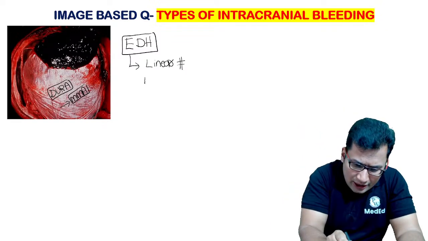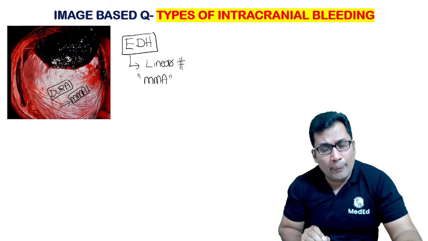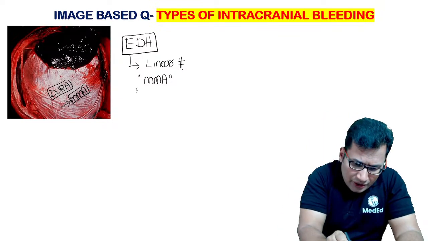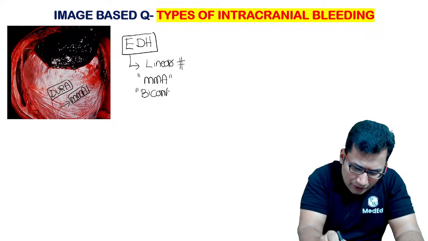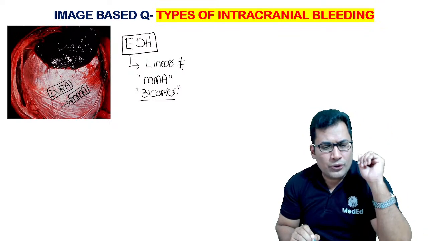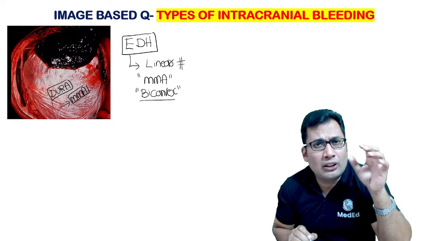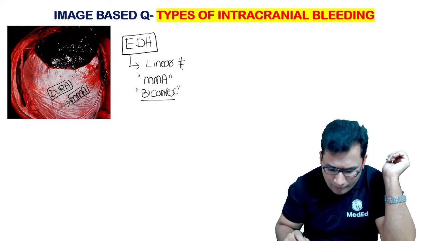What is the bleeding vessel? Middle meningeal artery. What is the appearance? The appearance is biconvex. So this is EDH. In EDH, the finding will be lucid interval.